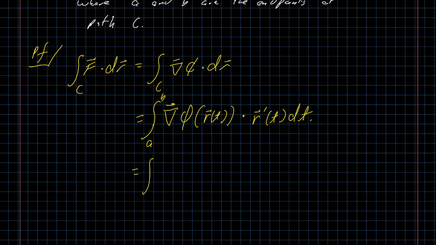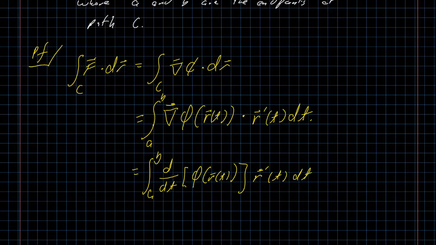But then from here, using the chain rule further, the gradient of a function along a path is in fact the derivative with respect to t of phi of r of t. All right, let's unpack that a little bit further.